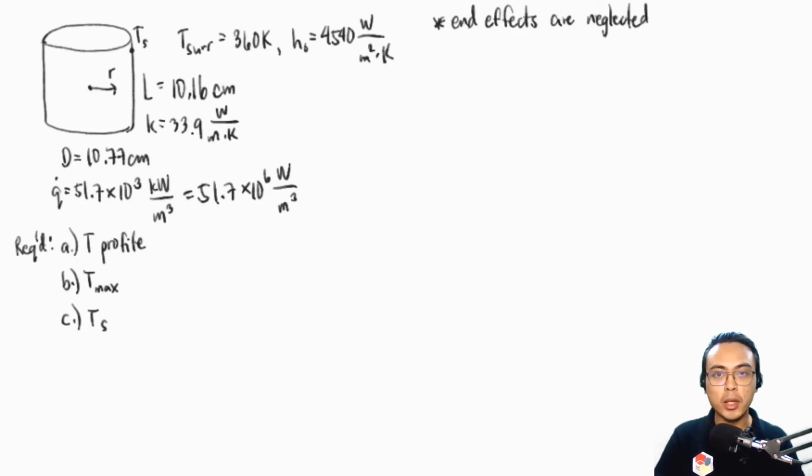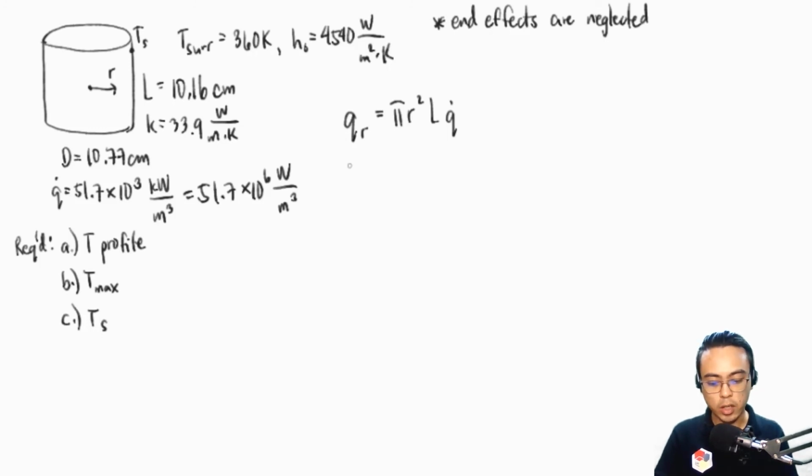So let's begin by using our derived equation for the rate of heat transfer in the system. That is Q sub R is equal to pi R squared L times the heat generation Q. From here, we can already solve the rate of heat transfer via conduction.